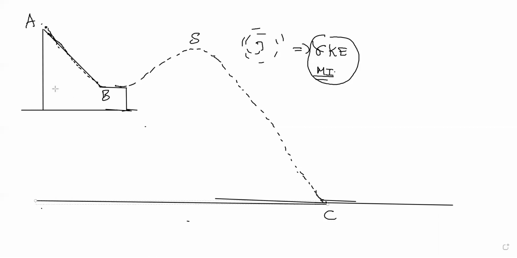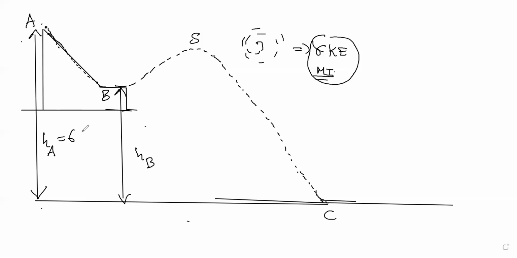This is the situation they're talking about. From A to B, and then they have given this distance from ground to the point A, it is HA, and from ground to the point B, it is HB.